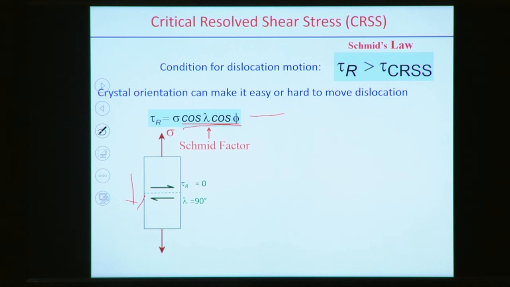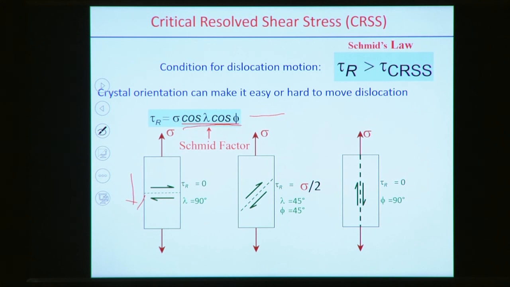So the shear stress equals 0, or in this case lambda equals 0, so it will not move. But when phi equals 45 degrees and lambda equals 45 degrees, then the resolved shear stress equals sigma by 2. If you look into this orientation, the shear stress equals 0 when phi equals 90 degrees.